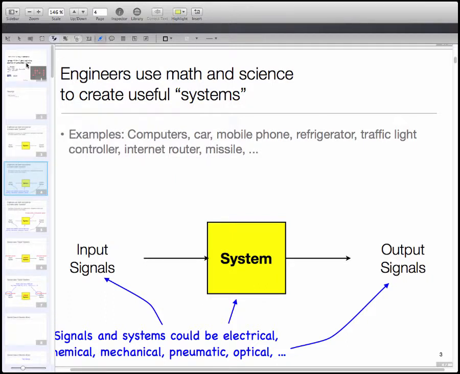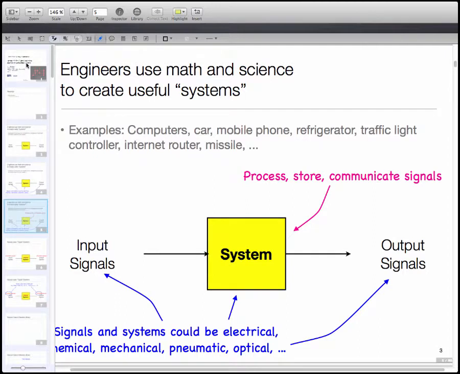In electrical engineering, we are more fond of electrical and optical stuff. If you go to the chemistry department, they are working on chemical computing. In biology departments, biological computers are the rage. In physics departments, quantum computers are the rage. They all use some physical phenomenon to represent values, and they design a system which outputs those values in some particular shape and form.